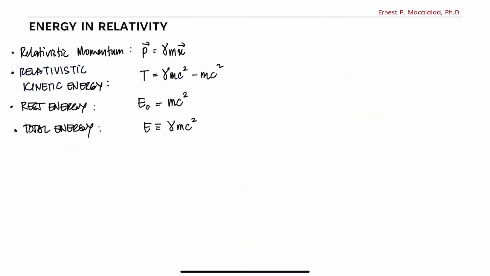From these equations, we can relate the momentum of the particle to the total energy and rest energy. You can start with the definition of the relativistic momentum, where p is equal to gamma mu. Squaring both sides, we have p squared equals gamma squared m squared u squared. Multiplying both sides with c squared, we have p squared c squared equals gamma squared m squared u squared c squared.